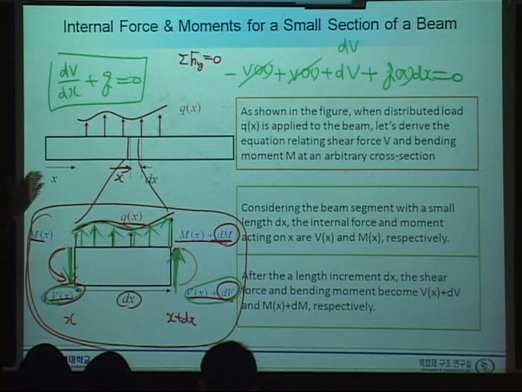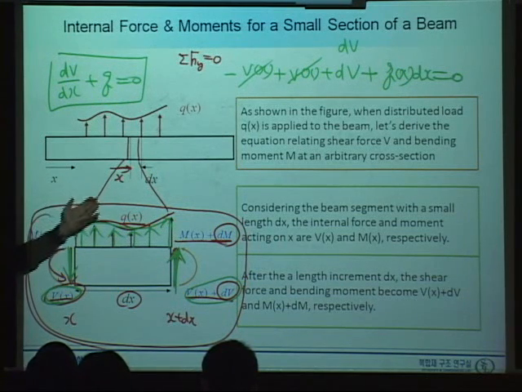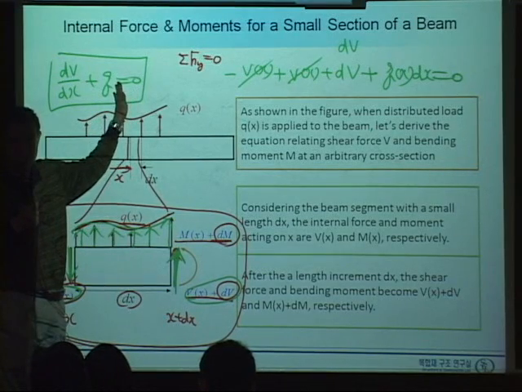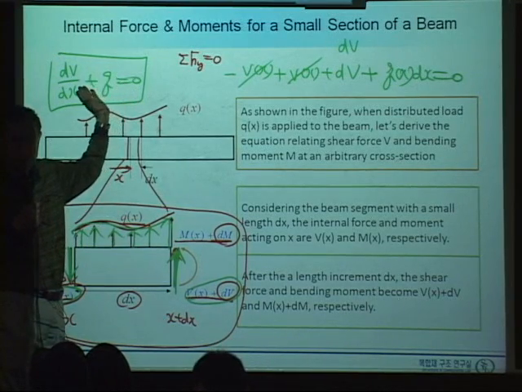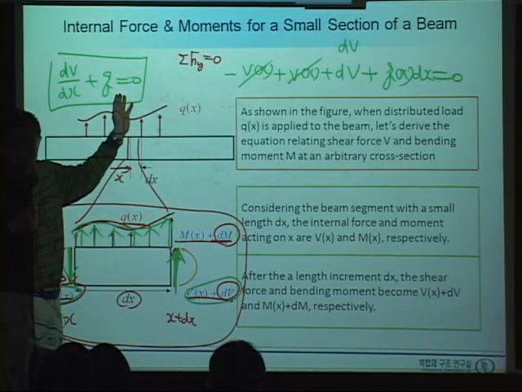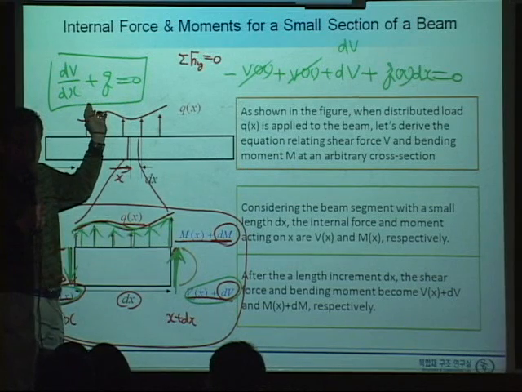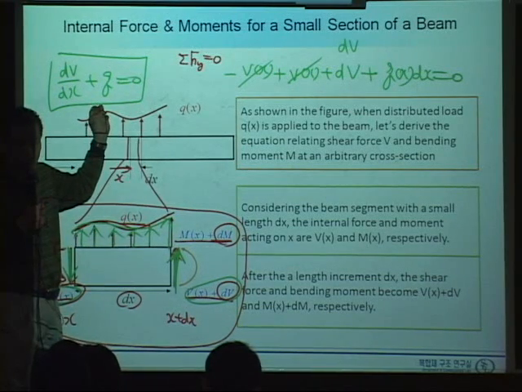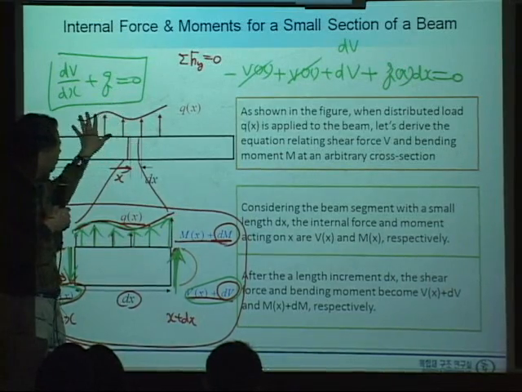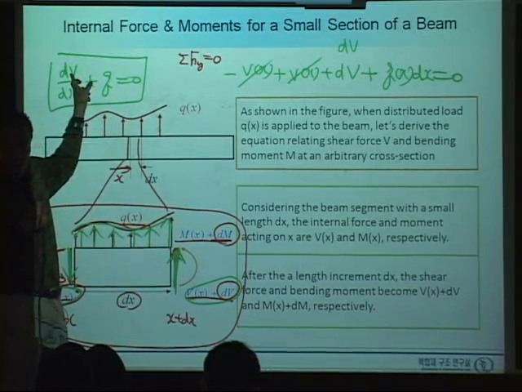Well, this is a very important differential equation, which means that whenever the q is given, you simply solve this differential equation to get this V as a function of x. So if q is 0, there is no q, then V means what?